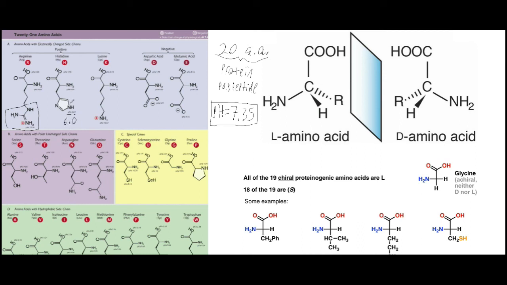And so this is actually going to be in a range where it's going to be mostly in this deprotonated form, because when we're at pH 7.35, then a pKa of 6 is going to let go of an extra hydrogen. So if this had an extra hydrogen on here, it would be positively charged.